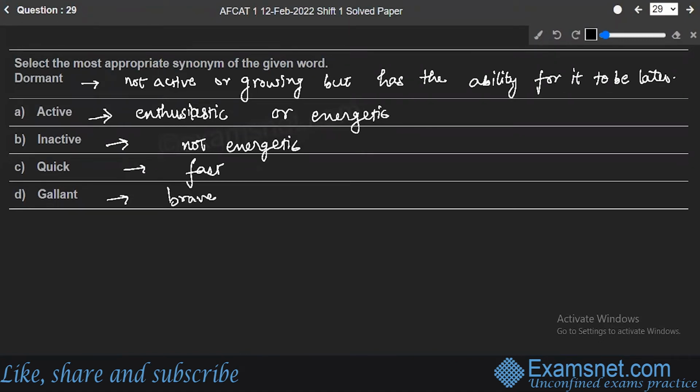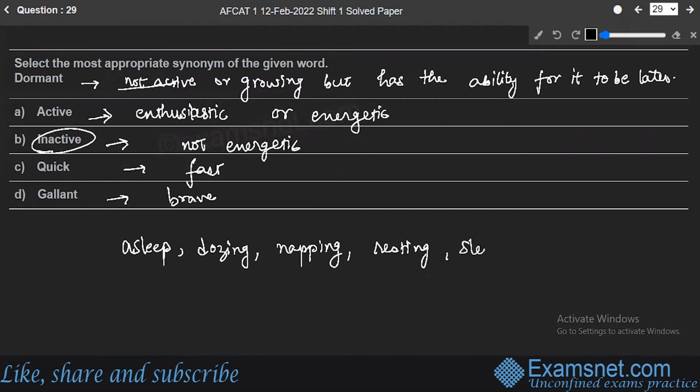You have to find out the appropriate synonym for the word dormant, which means not active. See, not active and inactive, they are exactly the same meaning words, right? Synonyms for the word dormant can be asleep or dozing, or napping, resting, sleeping, something like these things, right? When you are inactive, basically. So obviously, option B, inactive, is the correct synonym for the word dormant.